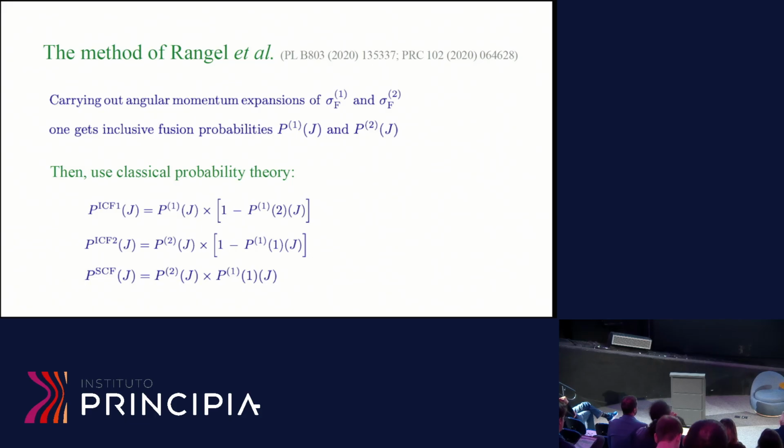And similarly, we define the incomplete fusion probability for fragment 2. And the sequential probability is simply the product of the two probabilities. And then one inserts these probabilities into the partial wave expansion, and one gets the cross-section for complete fusion.